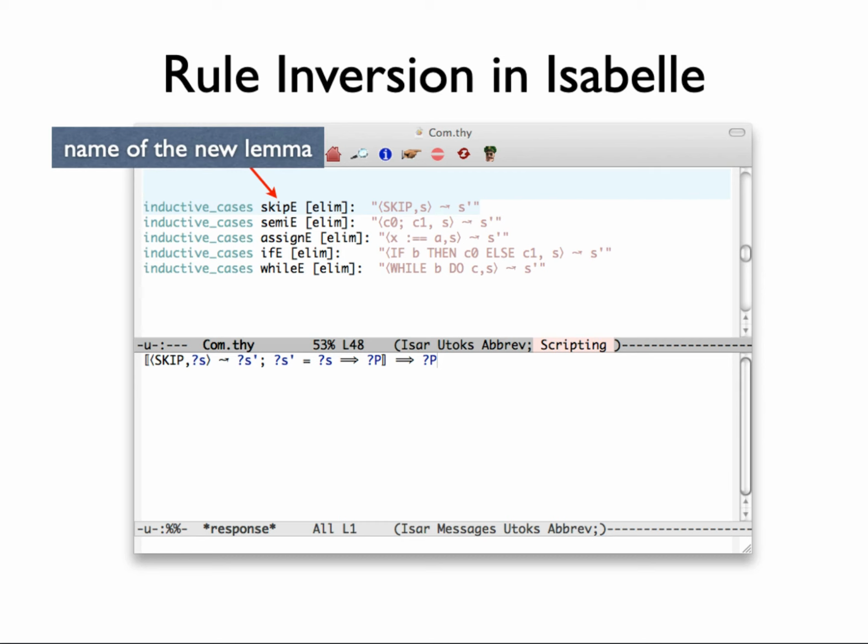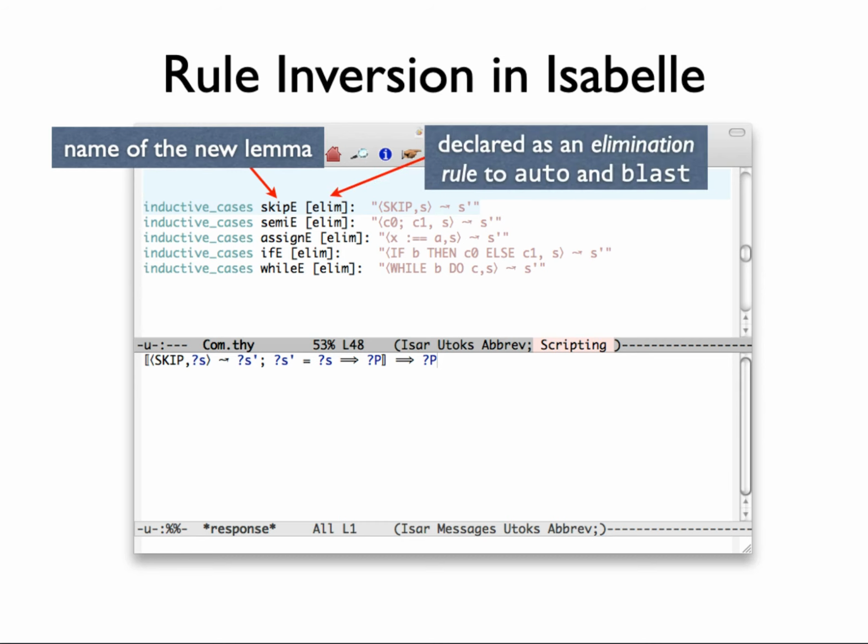So these will be elimination rules as far as the automation is concerned. And you should declare them using elim or possibly elim bang. You don't have to, but if you do, it will help the automation a lot.